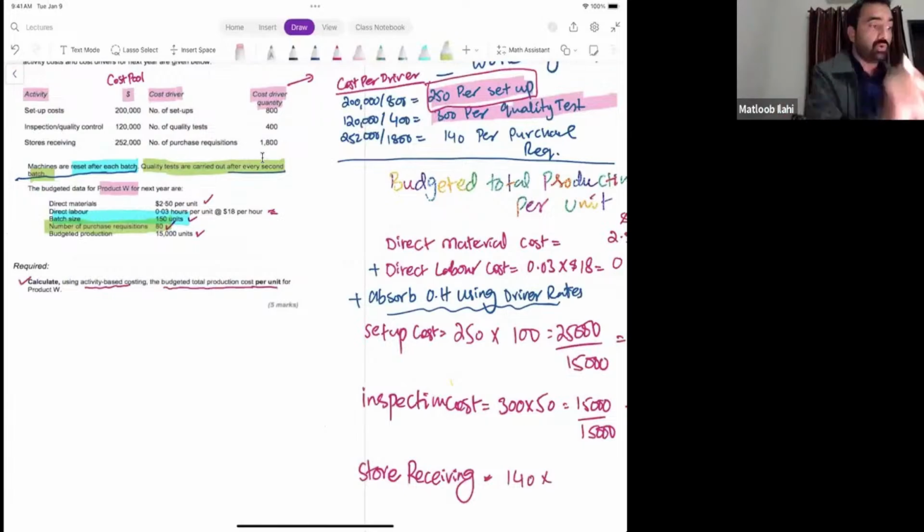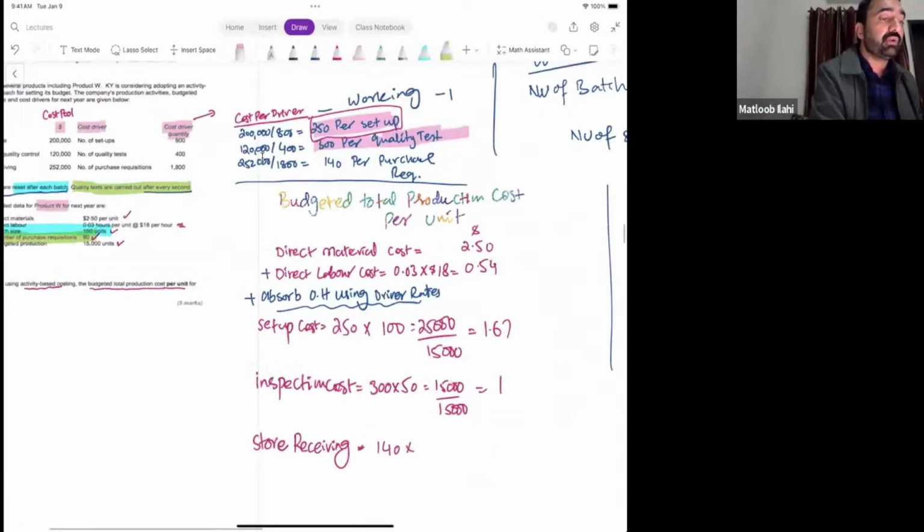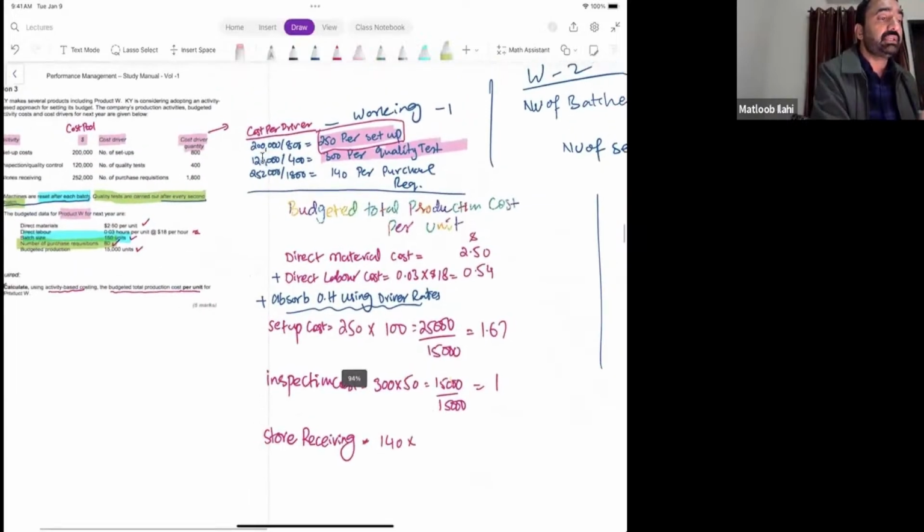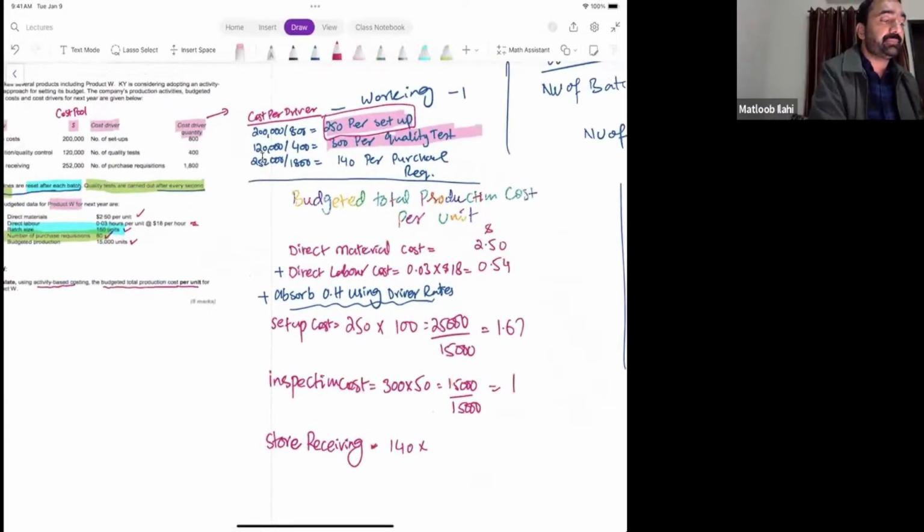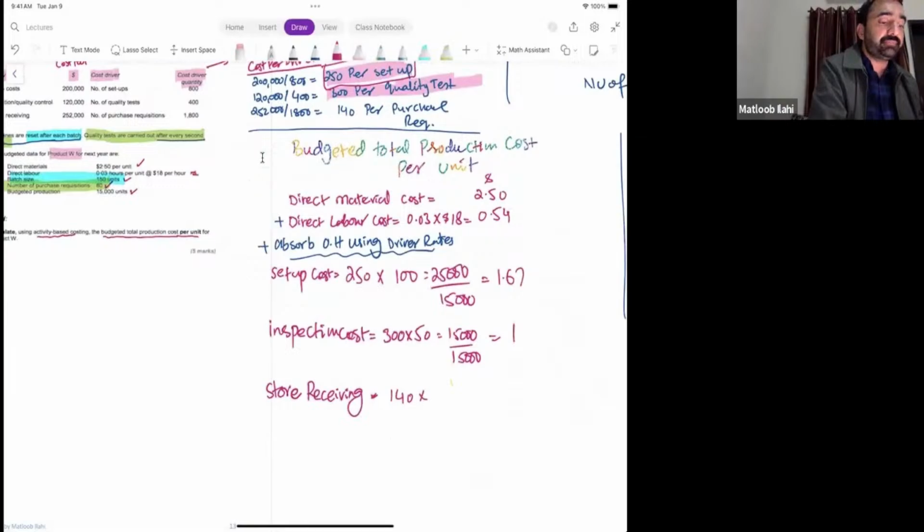So 140 multiplied by 80. How much is it? 140 multiplied by 80 is equal to 11,200.